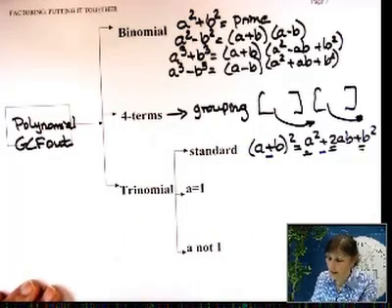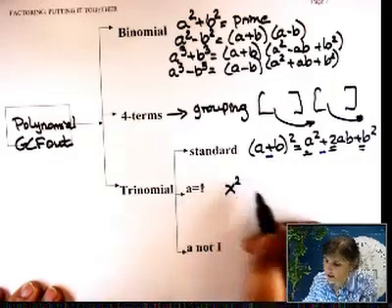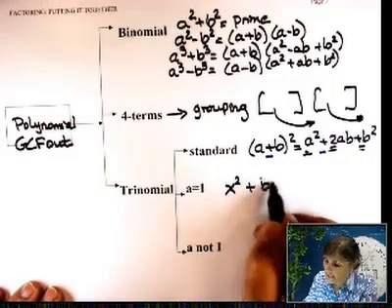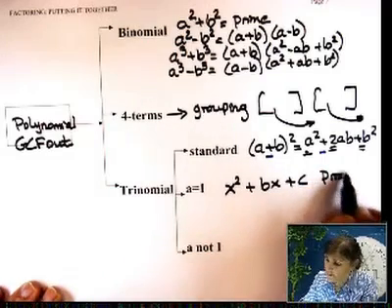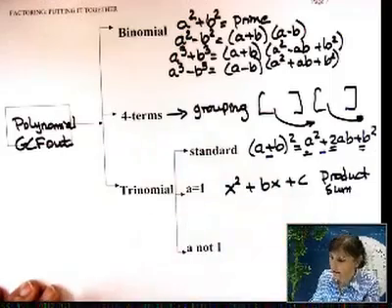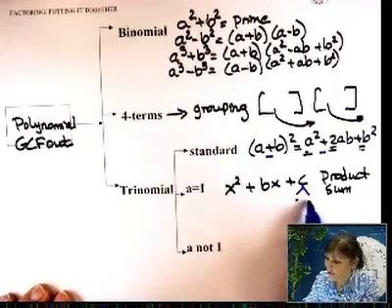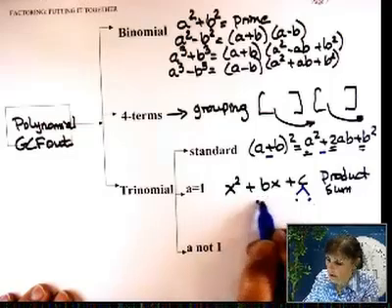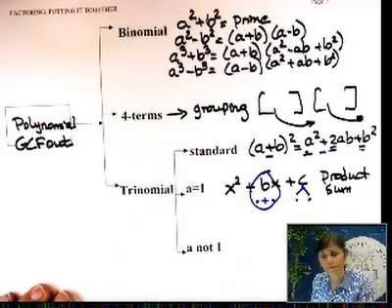This next one is the one that's like this: x squared plus bx plus c. That one, you use the product-sum. How does that work? You first look at the product, you find 2 factors, and you add them up and see if they add up to b.